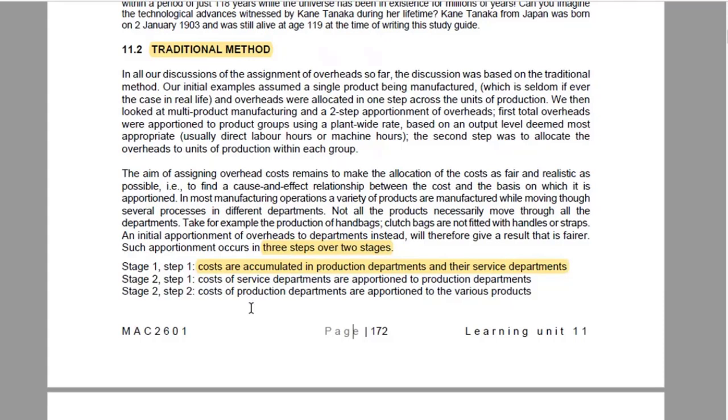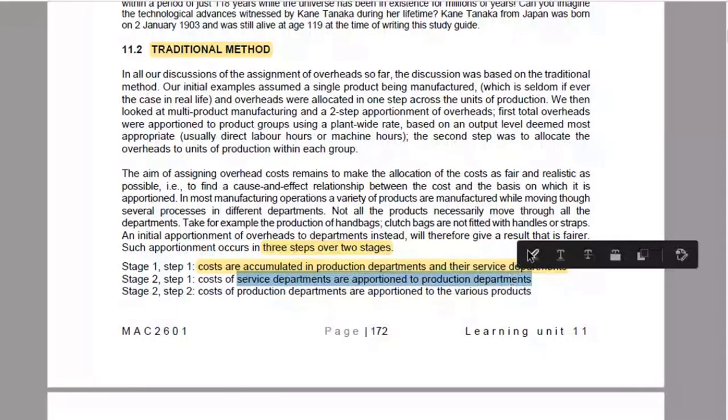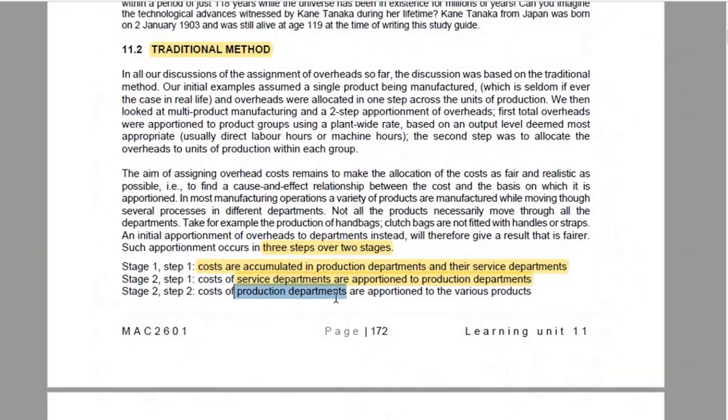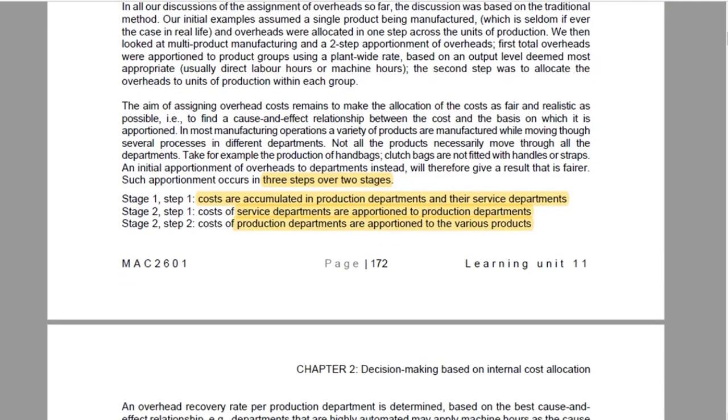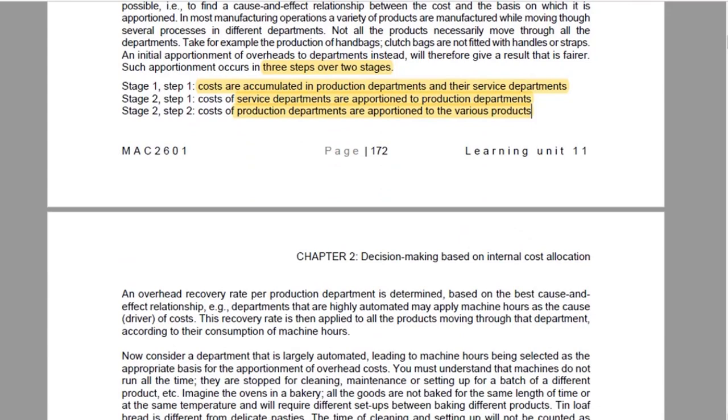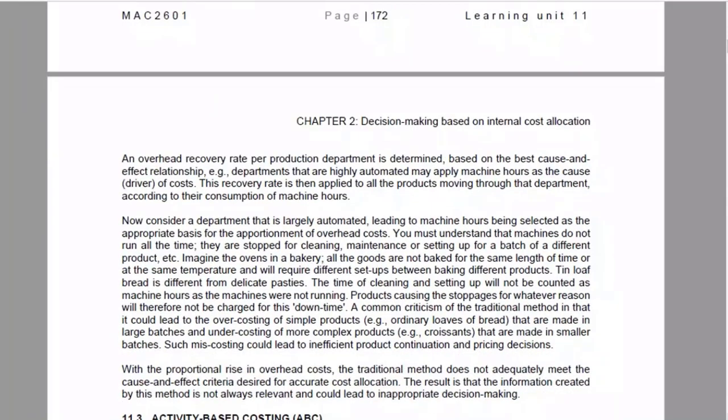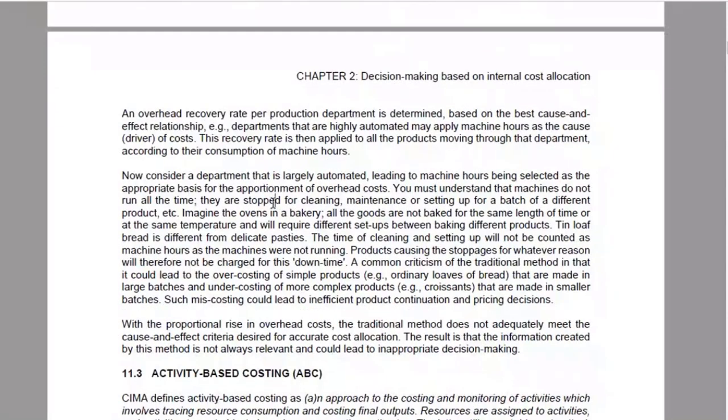Then step 2, the ones that are service related, you apportion. Costs of service departments are apportioned to production departments, and costs for production departments are apportioned to the various products. Then an overhead recovery rate is identified.